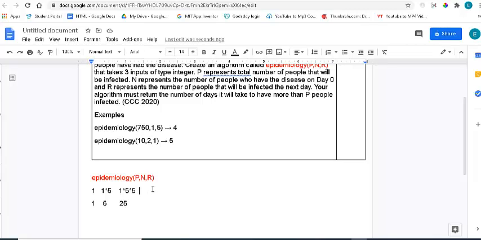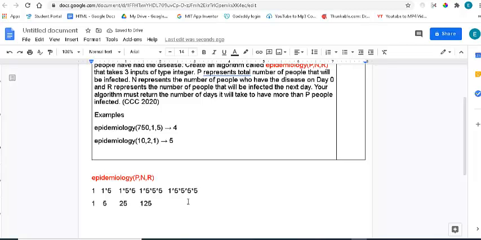It's not 750, so I have to continue. This one becomes 1 times 5 times 5 times 5, and 5 times 5 is 25, times 5 is 125. Using a calculator, 1 plus 5 is 6, plus 25 is 31, plus 125 is 156, which is not 750. So I have to continue one more day: 1 times 5 times 5 times 5 times 5.